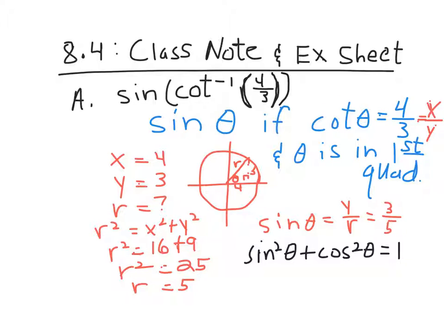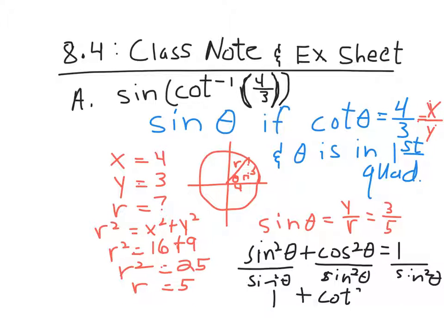So we need to divide cosine squared theta by sine squared theta, and we also need to divide everything by sine squared theta on both sides of this equation. So 1 over sine squared theta. That gives us the identity you need: 1 plus cotangent squared theta equals 1 over sine squared, which is cosecant squared theta. If you want to use that identity, you may.